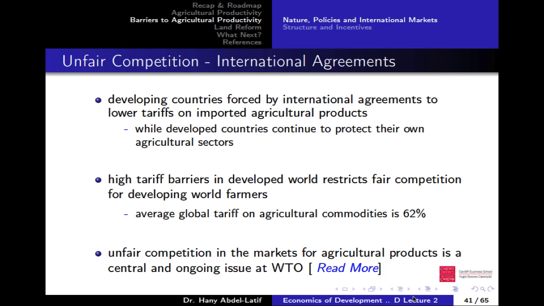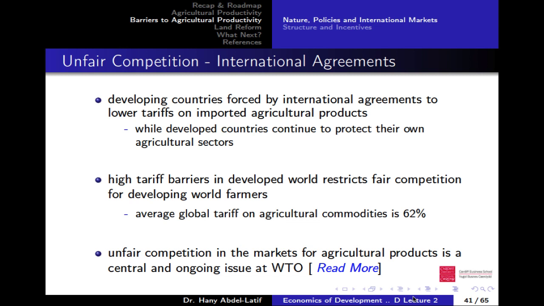So this is an ongoing issue with the WTO, the World Trade Organization. If you want to read more, just click on that. This is a proposal presented by China and India. We talk about the importance of reducing subsidies from developed countries to the farmers.